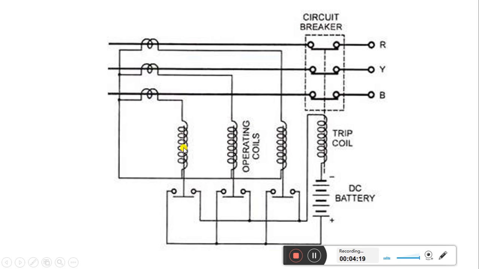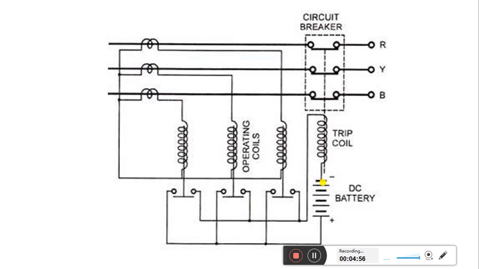it's not necessary that all the three operating coils should operate. If any operating coil gets operated, the battery supply, this positive supply which is waiting here, will be extended: by operating this operating coil the plunger closes, so these contacts will close, and this supply will come through this circuit to the trip coil, then from the trip coil to the negative side.